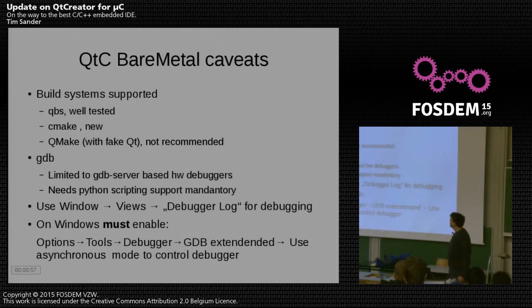But CMake support for the bare metal plugin is new from the last year. You can also use Qmake, but I would not recommend it because you have to set up a fake Qt, because Qmake always needs to have set up a Qt environment, and normally you don't run Qt on such puny devices.